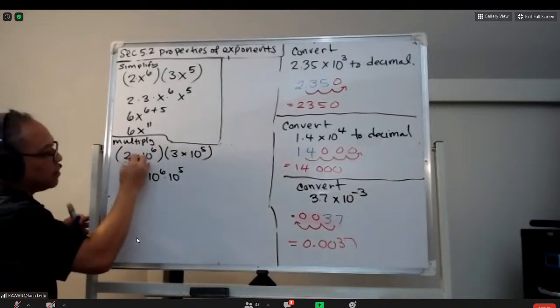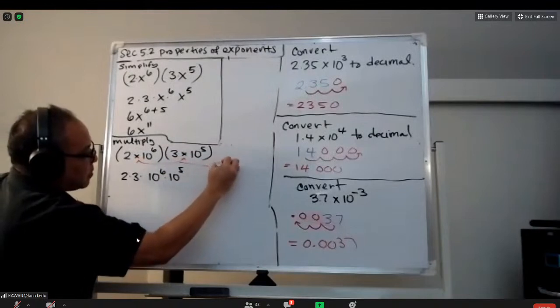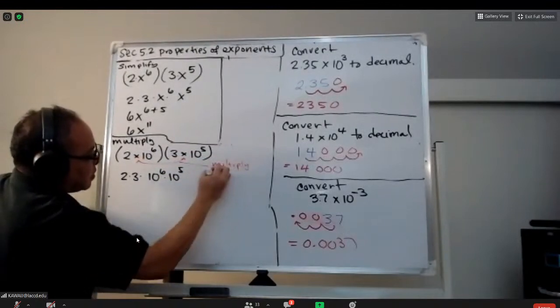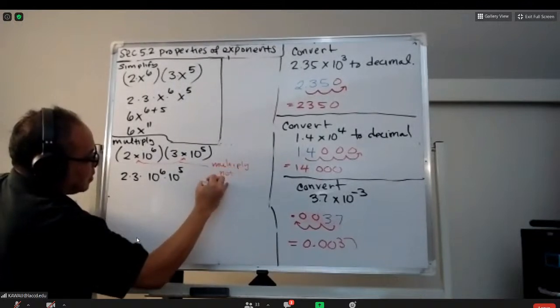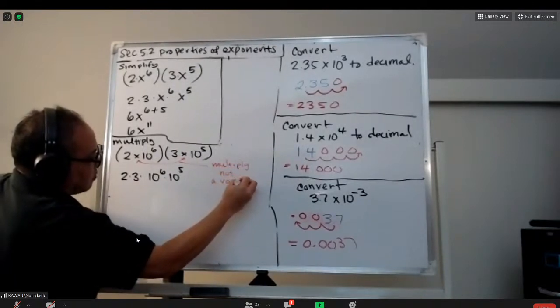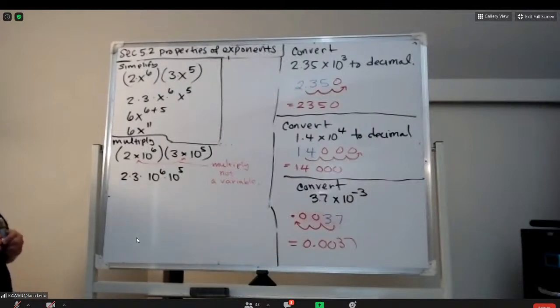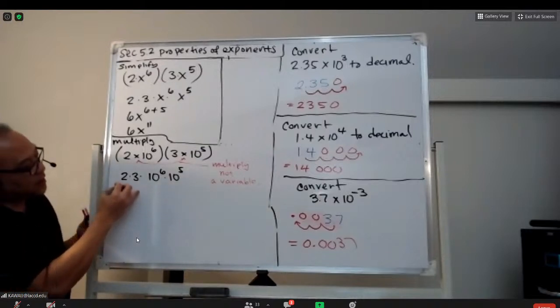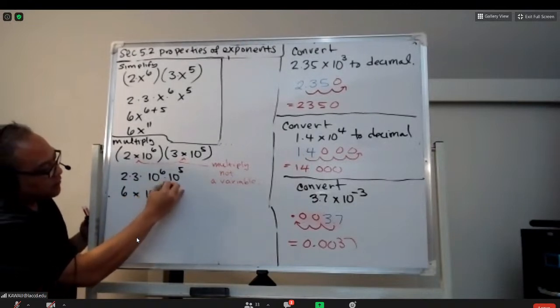So I just want to make note, these two things multiply, not a variable. So now you should get 6 times 10, 6 plus 5.